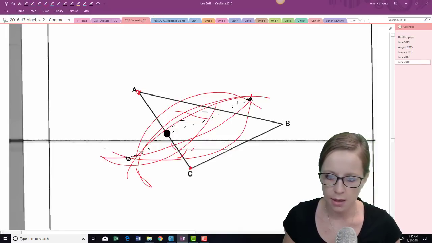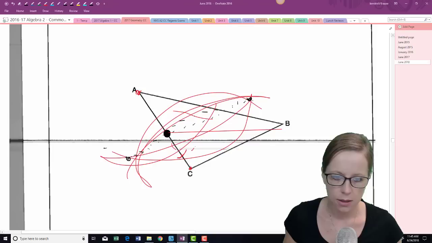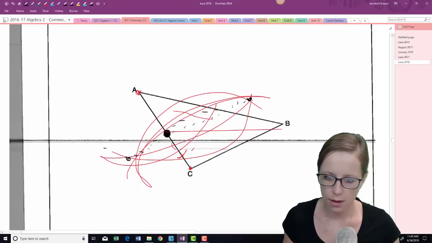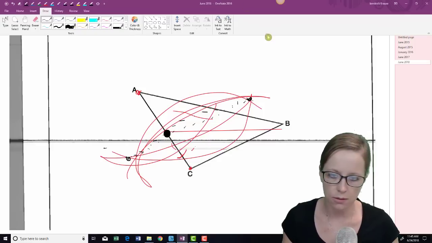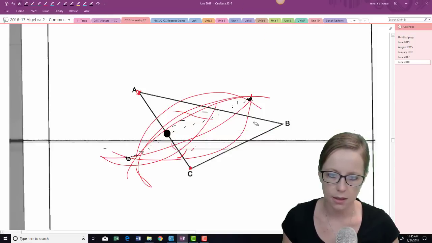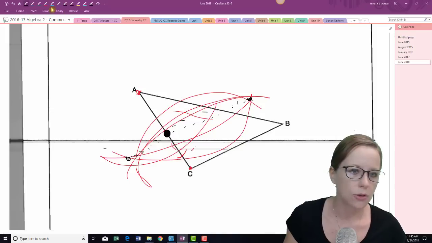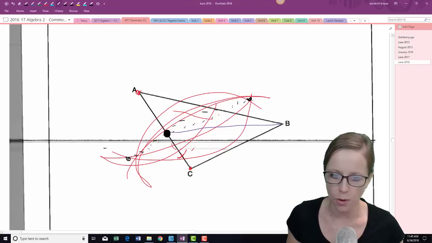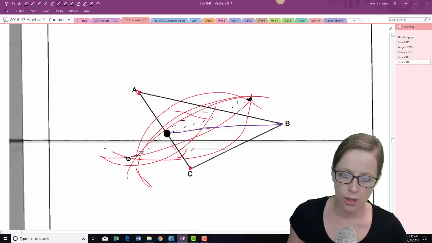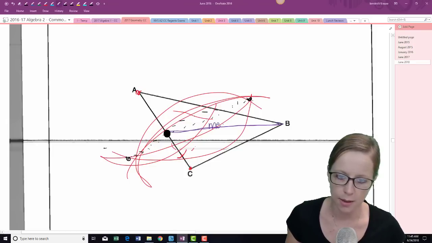From B to the center there. That was terrible. So I'll erase it. Okay. I will just draw in purple. From B to that midpoint on AC, and you should label it, or you have to label it median.